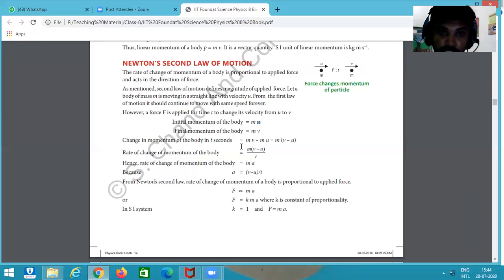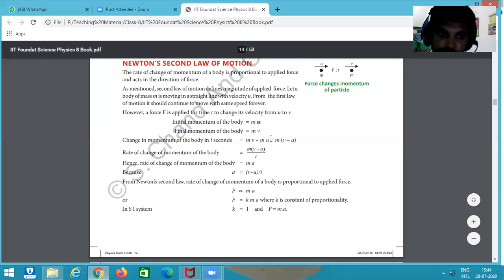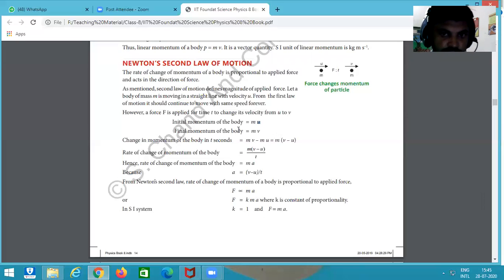How can we find the difference between the momentum of the two conditions, initial and final? Final momentum mv minus initial momentum mu. So we take m common.